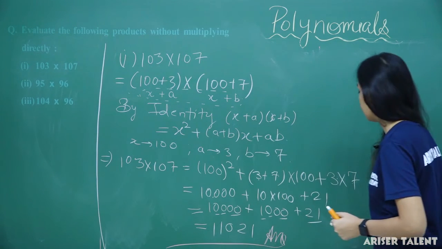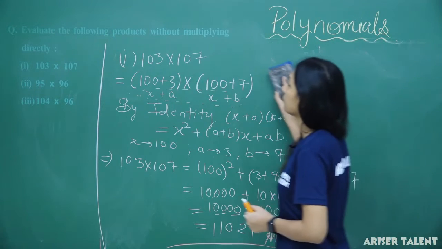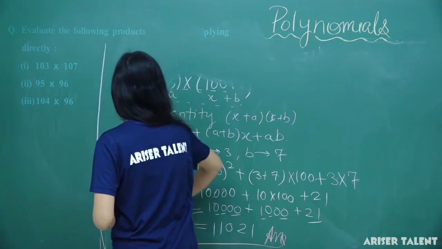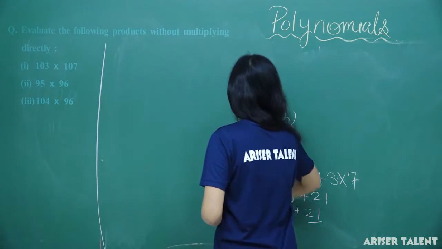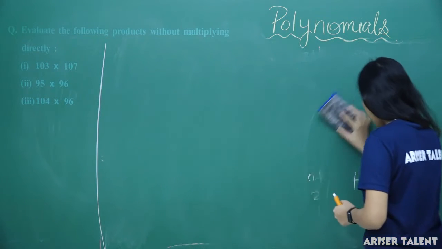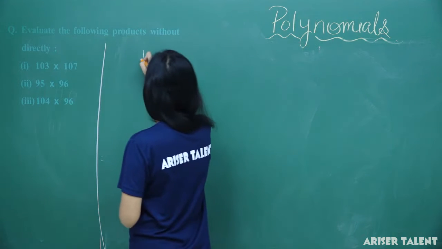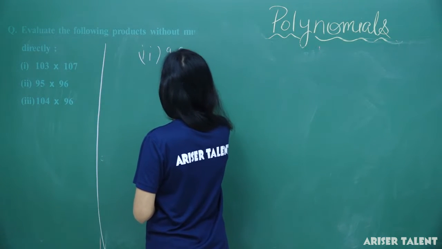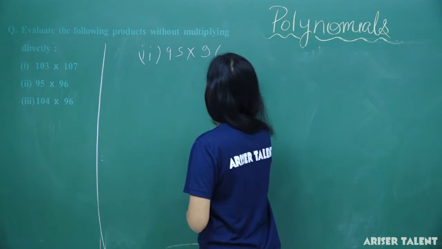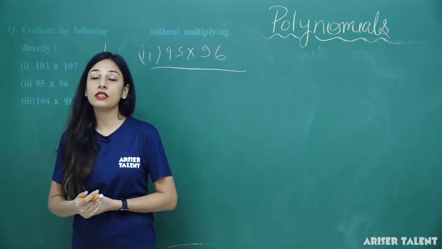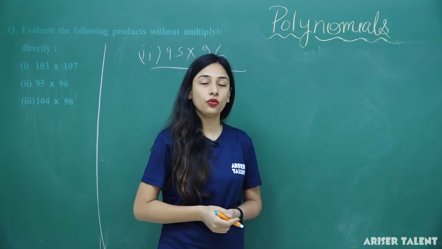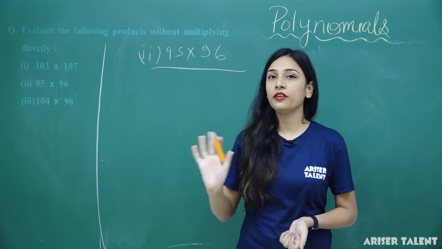Noted it? Now the second part of this question, we are having 95 multiplied by 96. Now how can you bifurcate it into something like 100? I have told you to put something like 100 here.